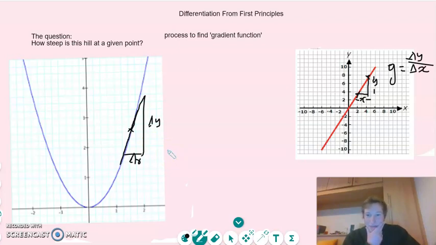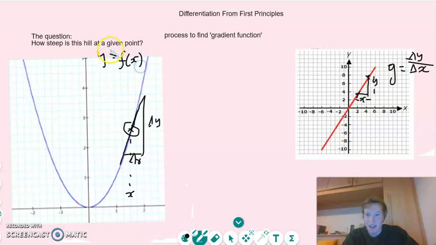So what do we know about this tangent? Well, one point on this tangent is this point. This is our point of interest. And I'm going to be really creative and call the x coordinate of this point x. Now, I'm going to say that this curve, this hill, has the equation y is f of x.